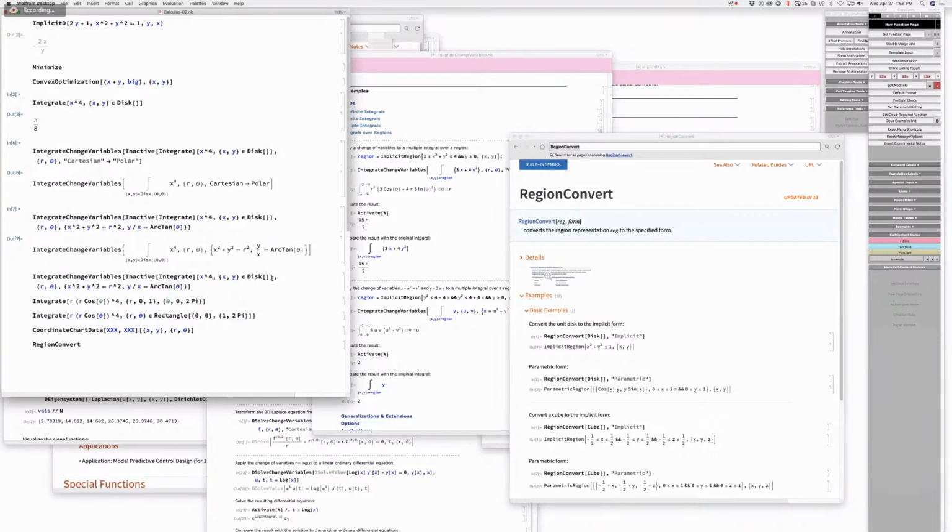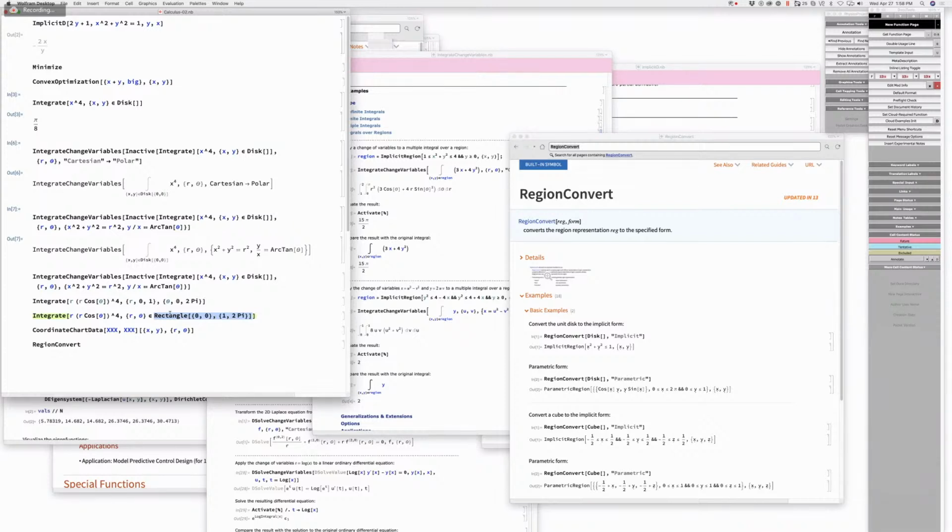So what I'm asking is a different question. This transformation from disk to rectangle seems to me to be a useful function in its own right, having nothing to do with integrals. That's changing the description of a region, which you're also doing in region convert. Well, no, region convert just gives you a different representation of the same region.